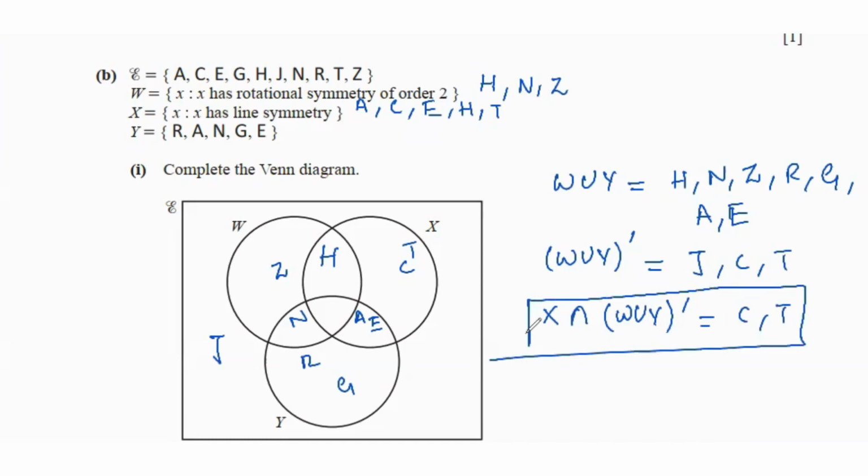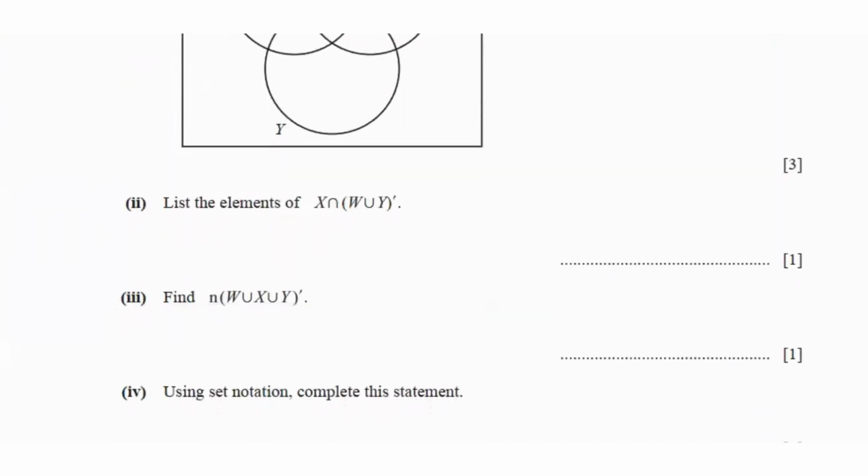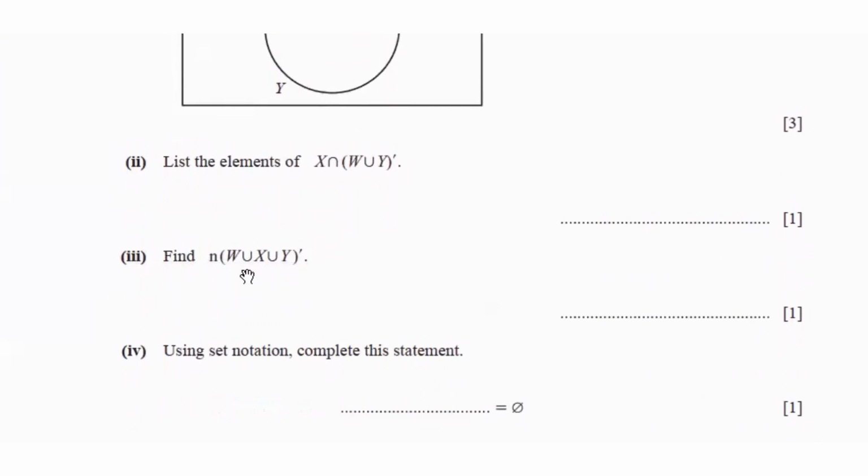Then it's asking us to write down the number of W union X union Y complement. So that's J, because that's the only element that's not a part of W, X, and Y. Then it says using set notation, complete the statement blank equals to a null set.